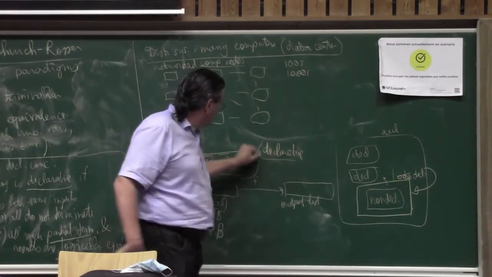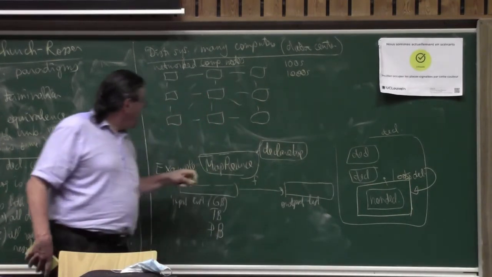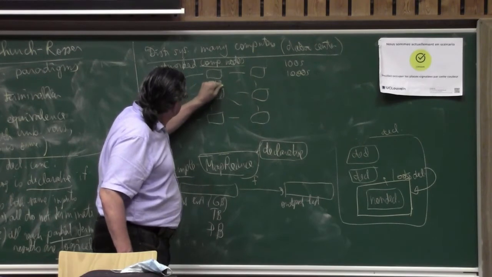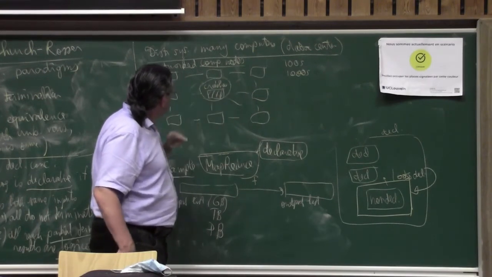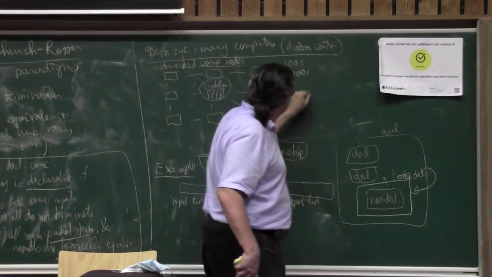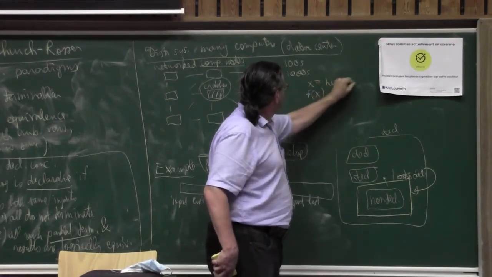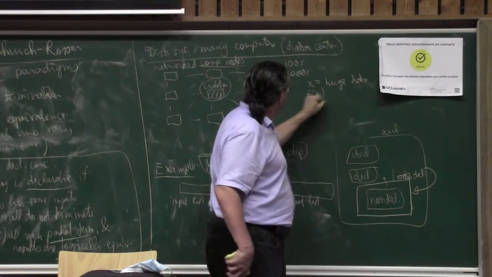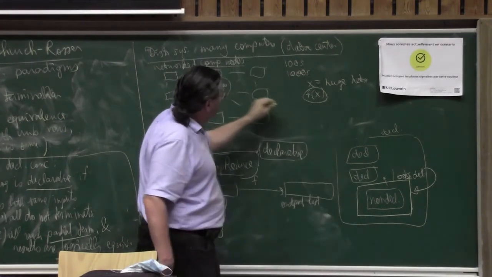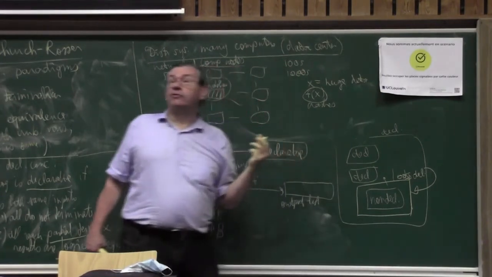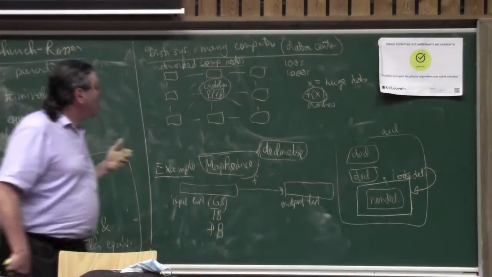It's declarative. That means if part of the computation crashes, if I have f of x, so x is the input, a huge data, and I compute f of x, okay, and it crashes. The system crashes. Oof, pain. No problem.